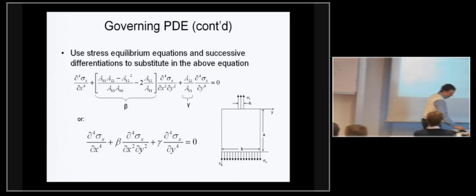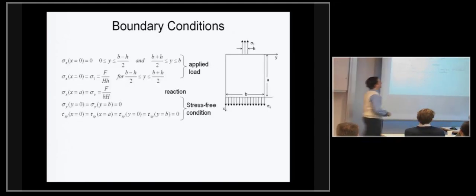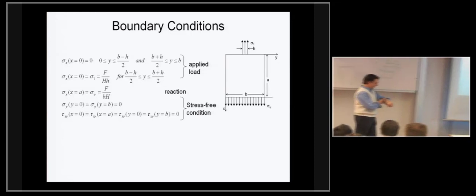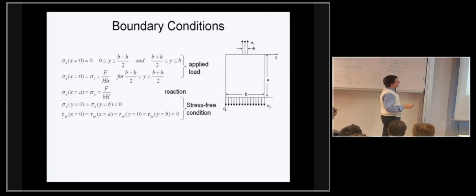And this is one of the cases where you can solve it exactly using infinite series. The boundary conditions for the problem tell us that at this top surface here, x equals 0, my sigma x stress is 0 everywhere except for the middle point location where it will actually equal my applied force divided by the local cross-sectional area, h the thickness of the plate, and little h the width of the region, let's say of the flange of the stiffener, or the width over which this load is applied.